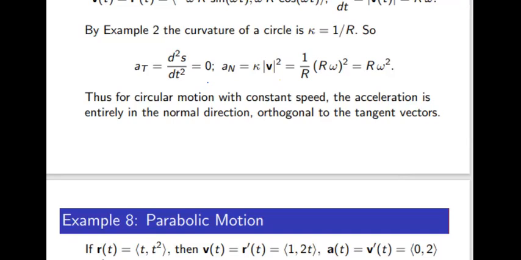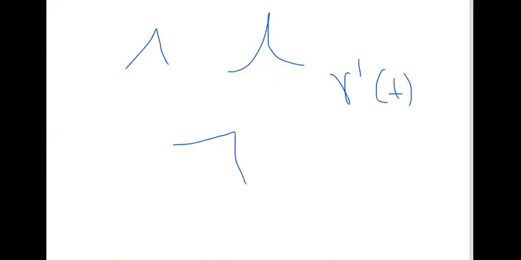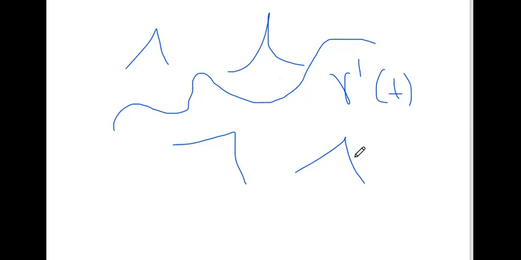Any questions? Before talking about the curvature, we should talk about the smoothness of the path. The path should be smooth. That means you don't have any edges or cusps. You have a smooth curve like this, very smooth, not sharp edges like this.